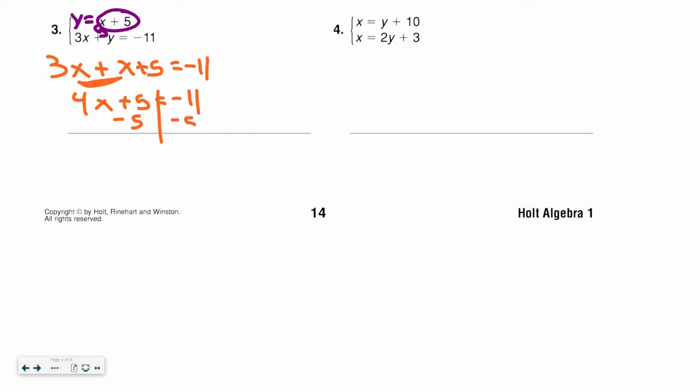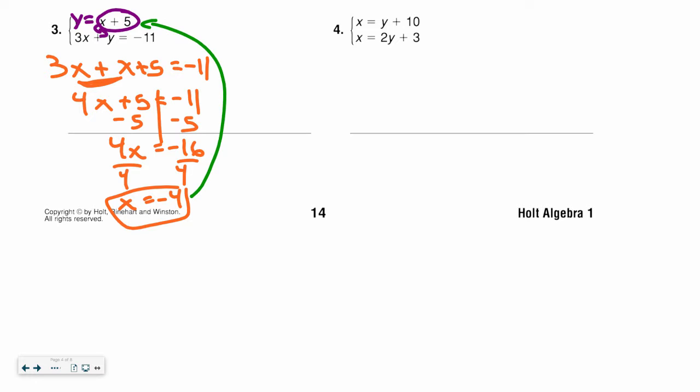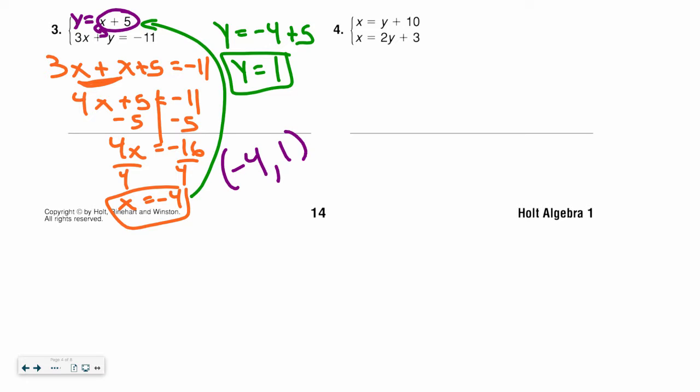Solve for x. Then I take this -4 for x, and I can plug it in. So it becomes y equals -4 plus 5, so y equals 1. So my final point is -4, 1.